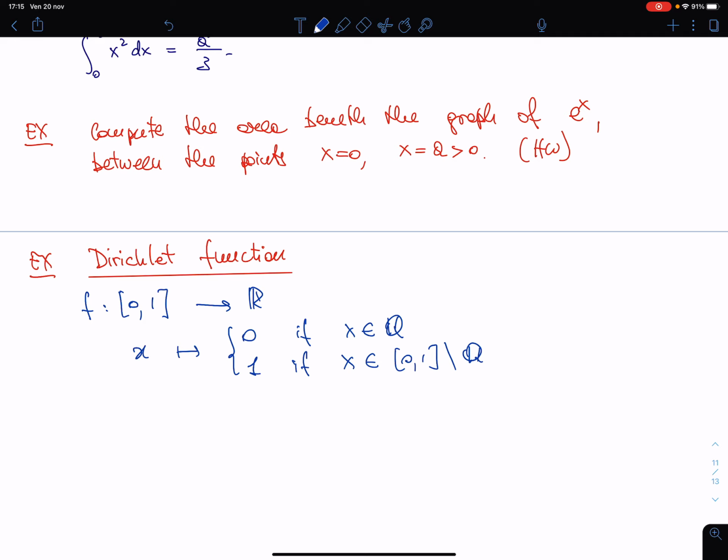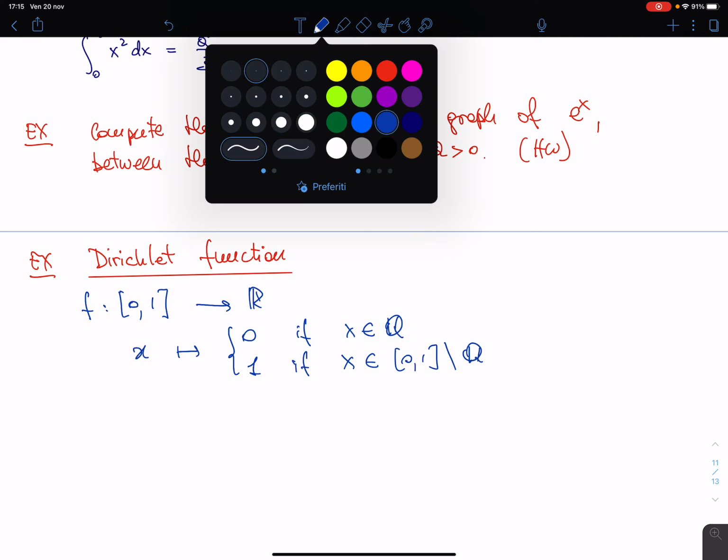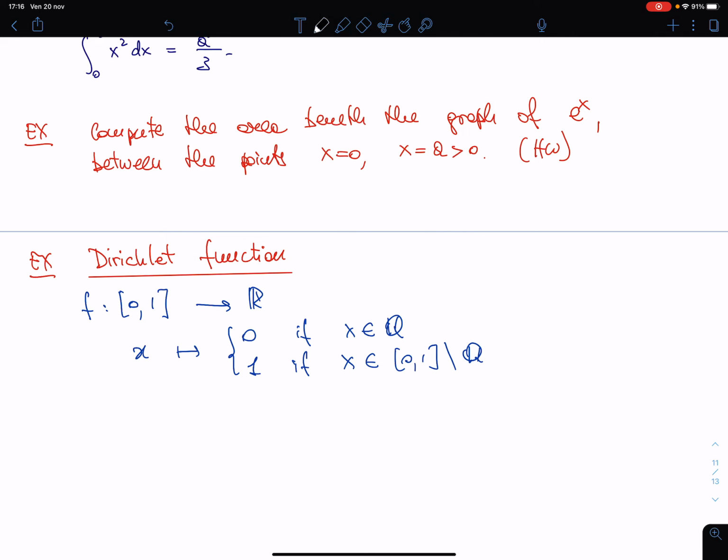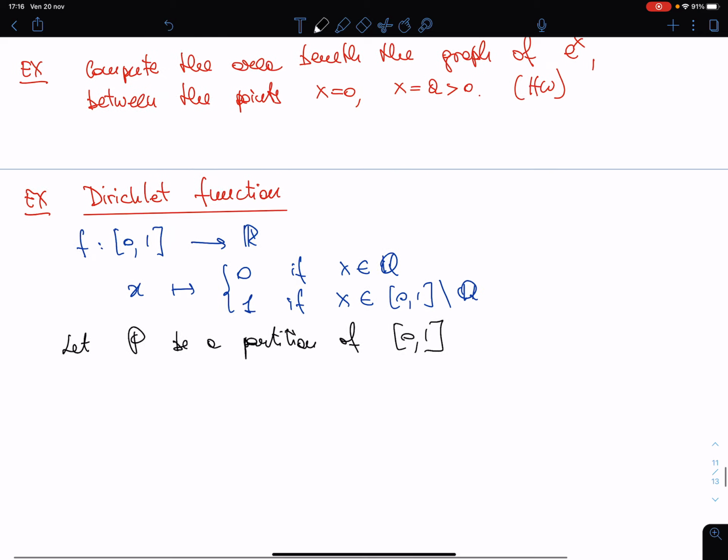Now let P be a partition of the interval 0, 1 and see what happens.